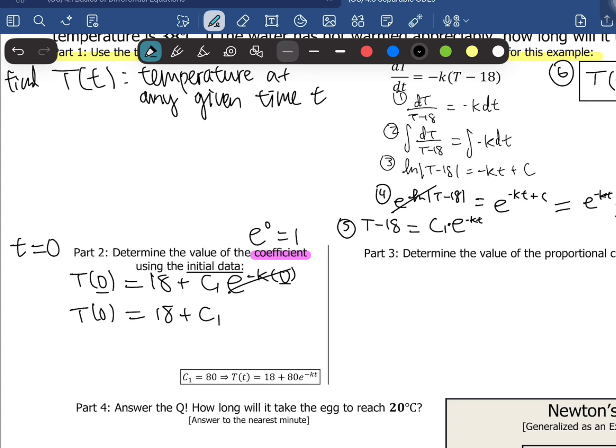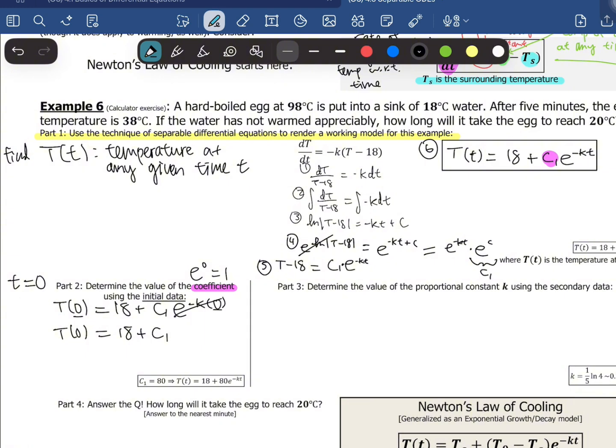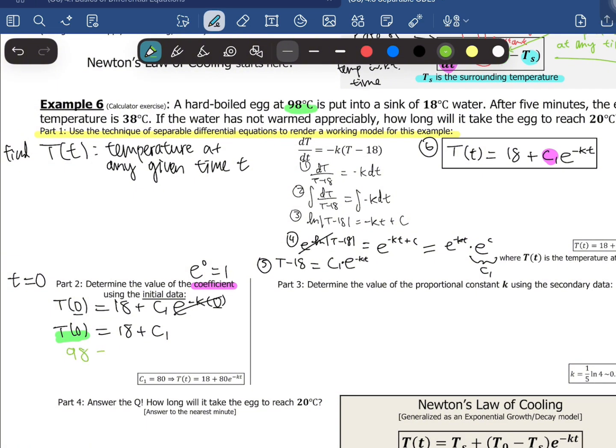I have a feeling that we know what T initial is, because if we look back at the problem, it tells us what T initial is. 98 degrees Celsius. So 98 equals 18 plus C1. And we get that C1 equals 80.